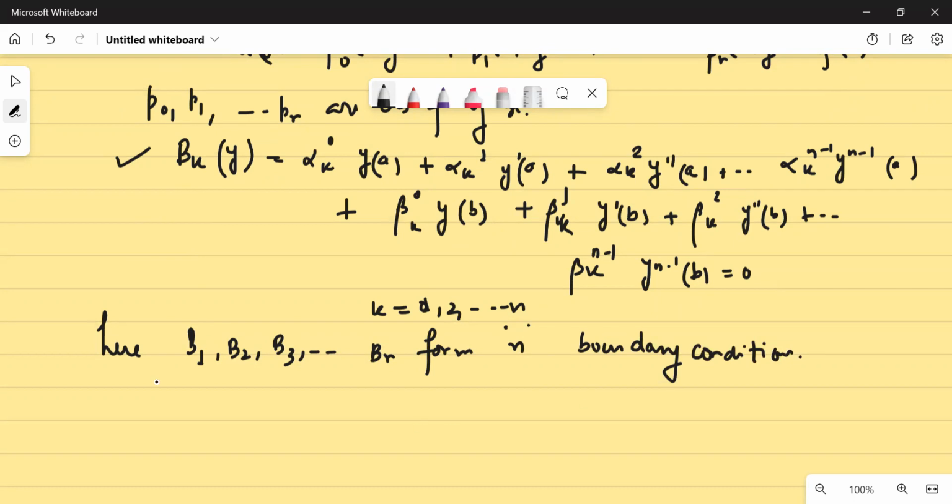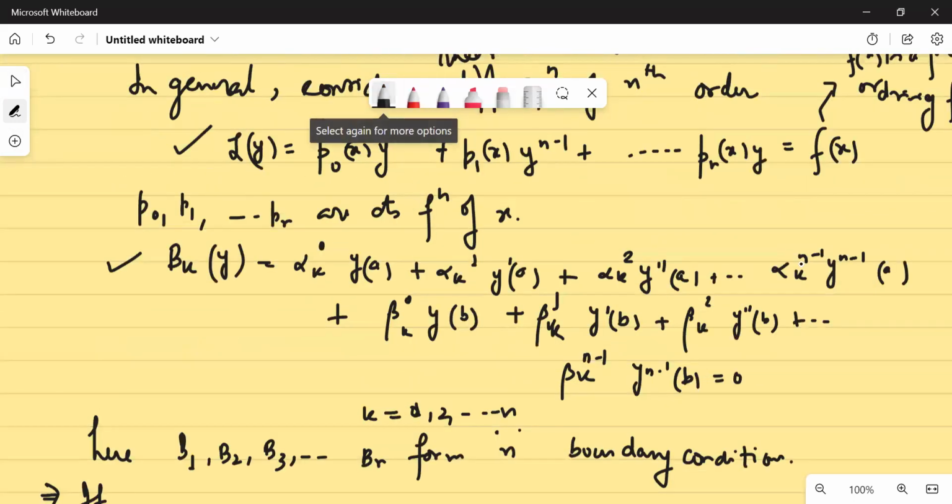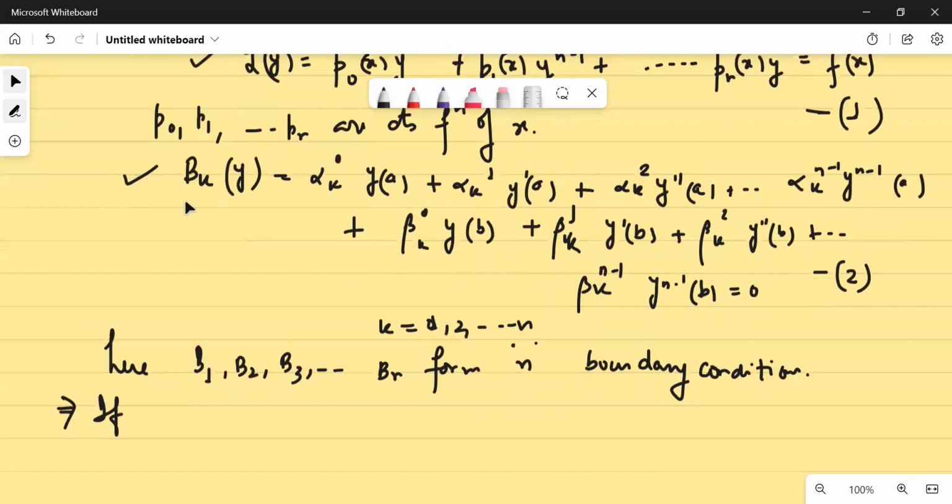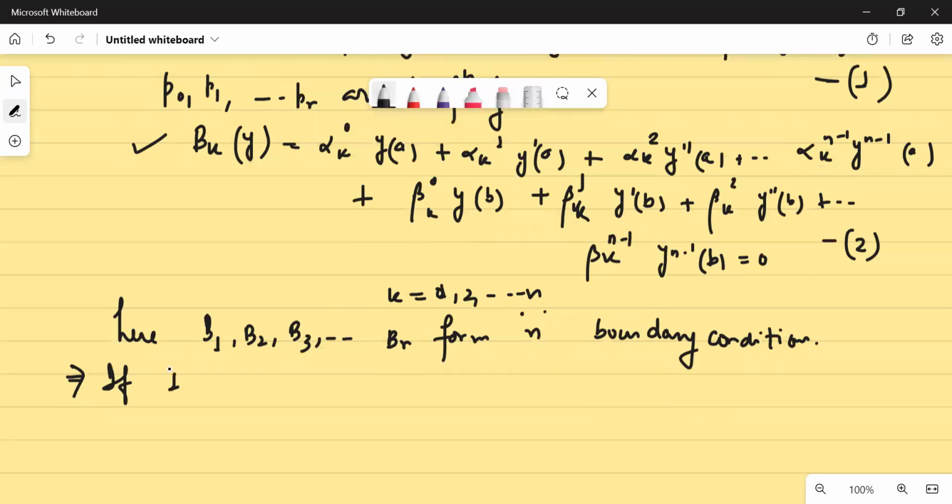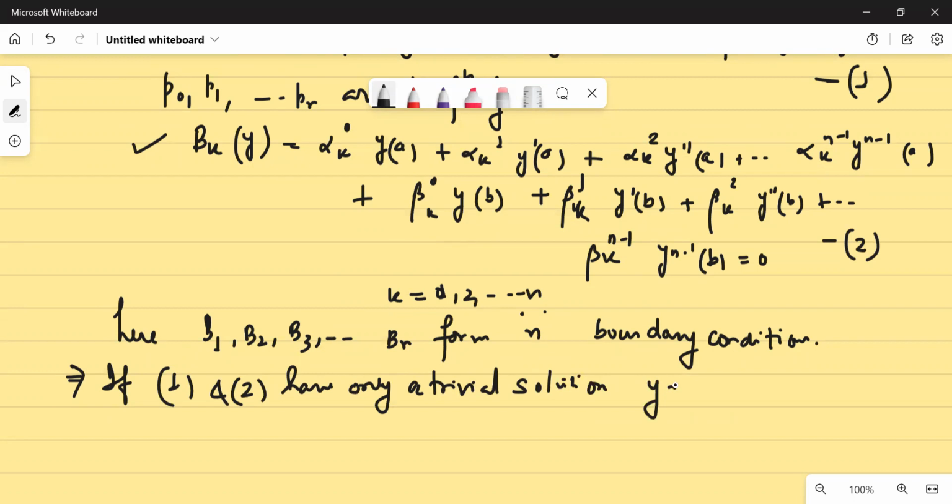Okay. Now, I will explain with an example; otherwise, probably you will not be able to get it. If this is your equation number 1 and this is your equation number 2, and equation number 1 and equation number 2 have only a trivial solution. In mathematics, what do we mean by trivial solution? Trivial is y(x) equal to 0.